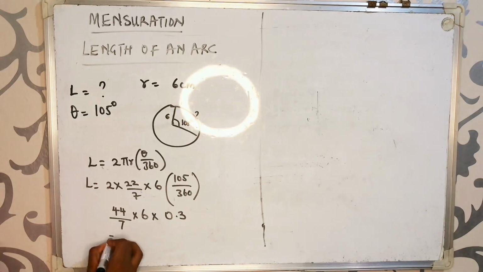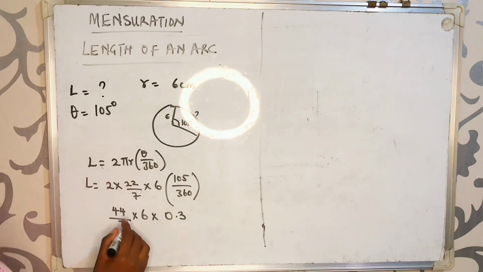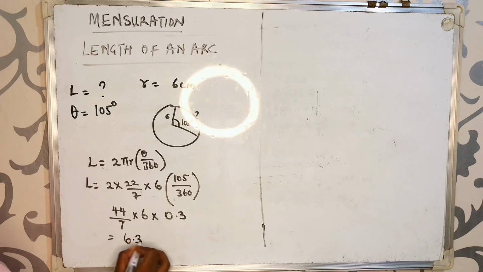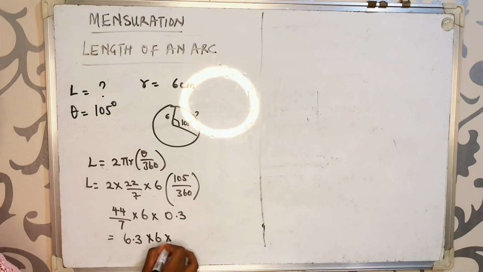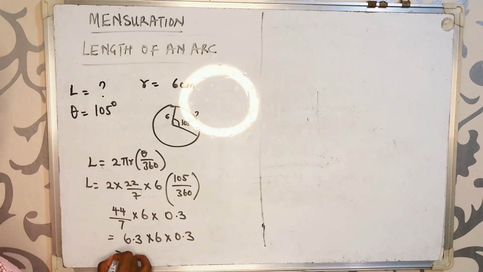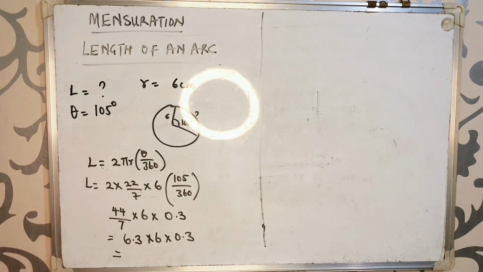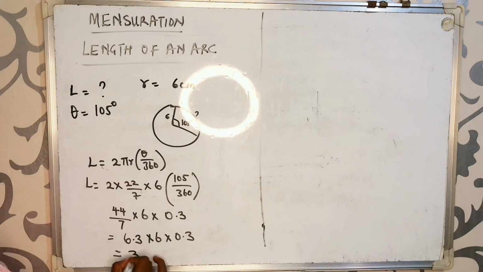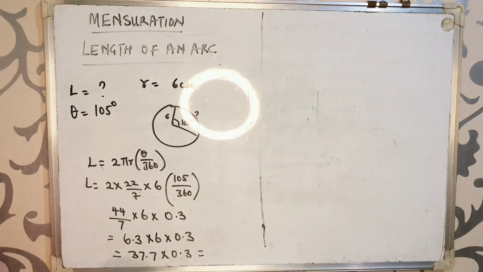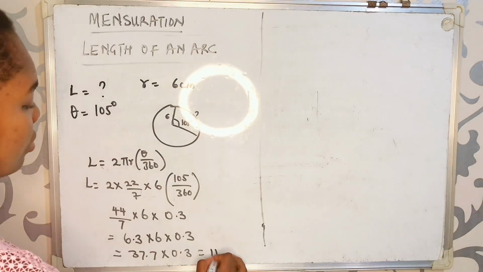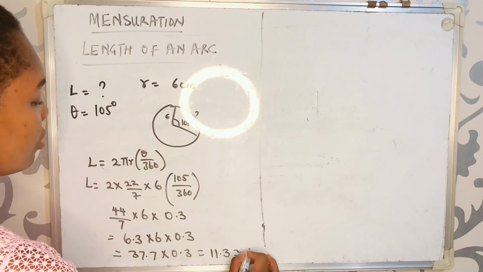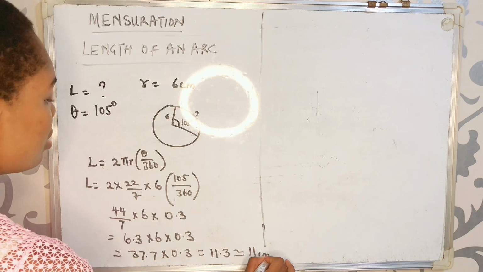So 44 over 7 will give us 6.3, times 6 times 0.3. And this should give us 7.7 times 0.3, which will give us 11.3, which is approximately 11 centimeters.